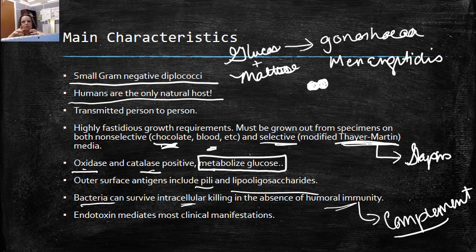Remember, when we think about intracellular killing, when we think about our phagocytes, a lot of what they're producing are reactive oxygen species, right? Like hydrogen peroxide and things like that. And the catalase and oxidase are designed to break those down, so it might survive that. It also has an endotoxin, and that actually mediates most of the clinical manifestations that you're going to see.